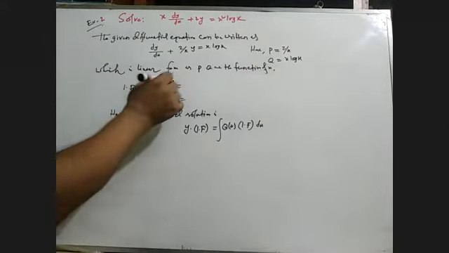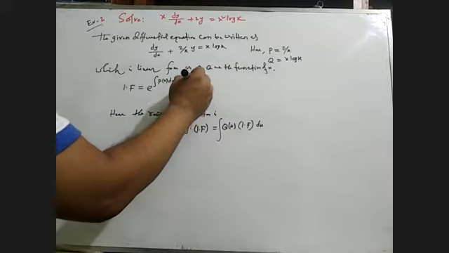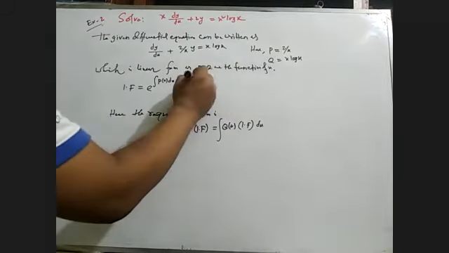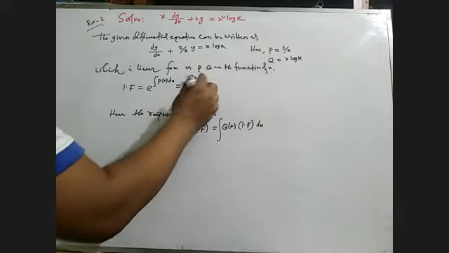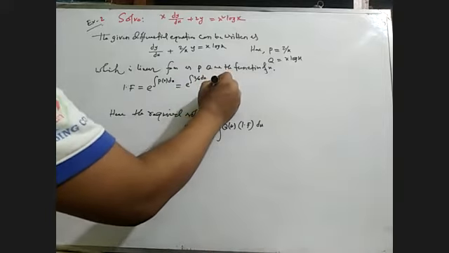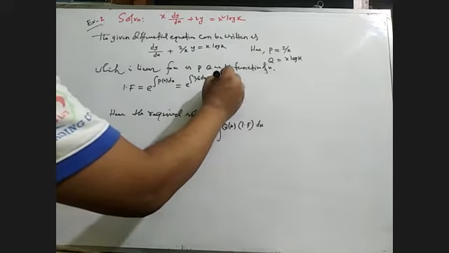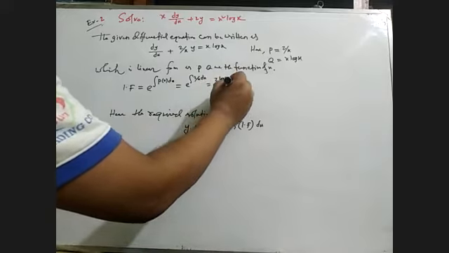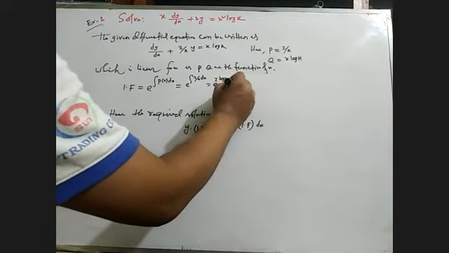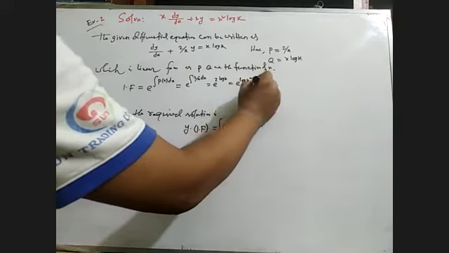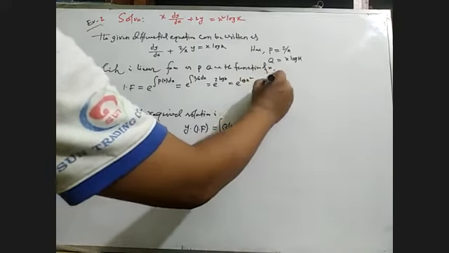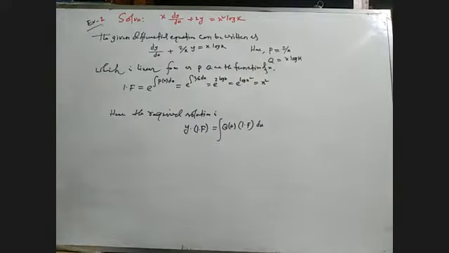This is why integrating factor will be e to the power integration of P, which is integral of 2 by x dx. This can be written as e to the power 2 times integral of 1 by x, which is log x. So e to the power log x square, that means e and log are removed, so the integrating factor will be only x square.